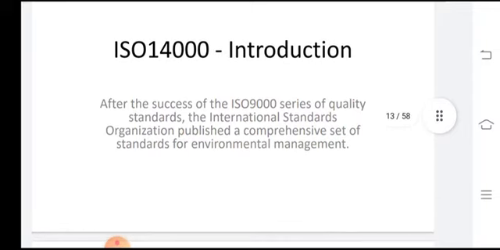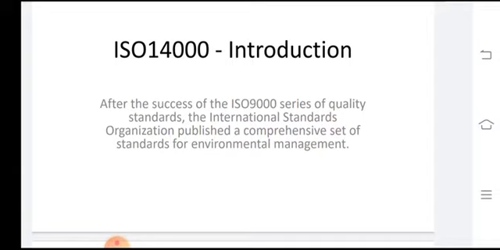So it is on a similar pattern as we have the ISO 9000 series, but the ISO 9000 series is purely focused on the quality of the product, quality of the design, quality of the service.